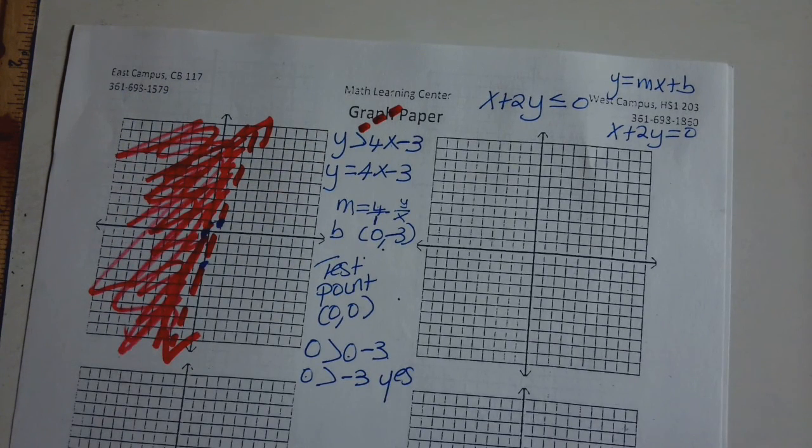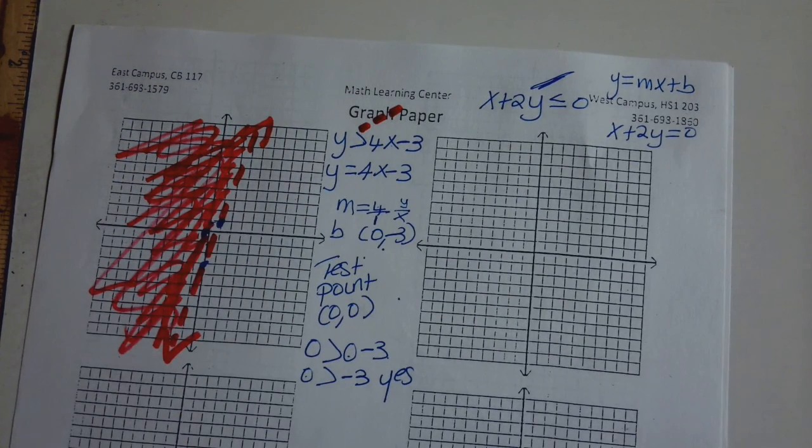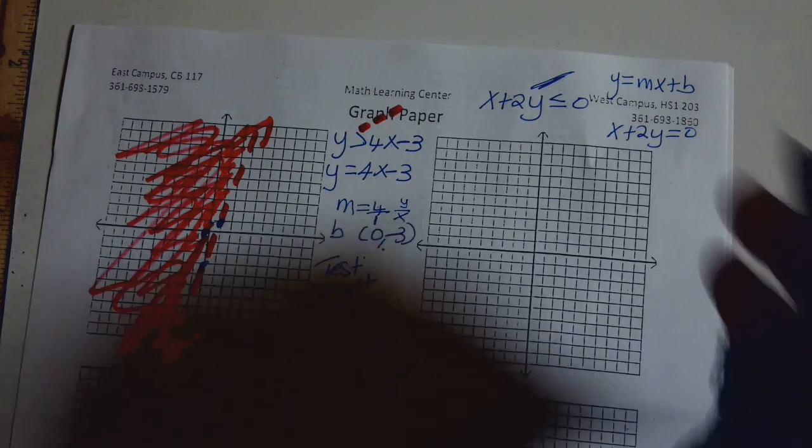Solving for y, basically. Because if we solve it for y, then it's very easy to take the y-intercept and the slope and graph two ordered pairs, and from there decide what we're going to shade. So we know it's going to be equal, so this one's going to be a solid line. That's a natural thing to do, a solid line.